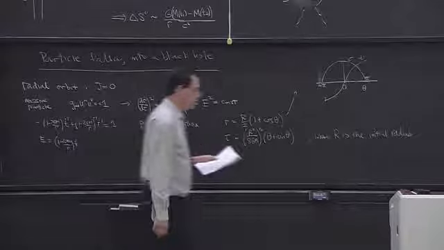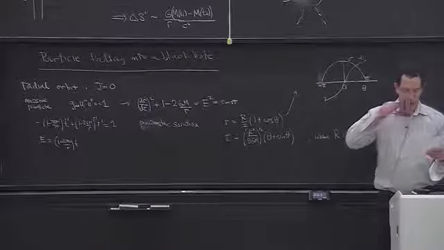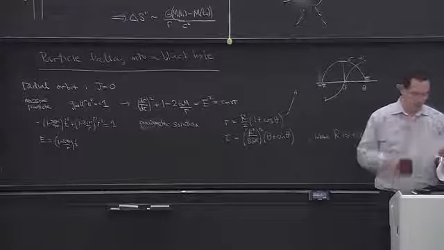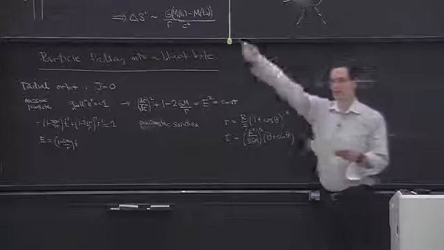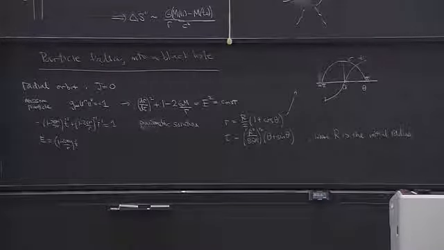So this solution, not surprisingly, was discovered by Newton. And it just represents the motion of a radial particle in Newtonian potential.